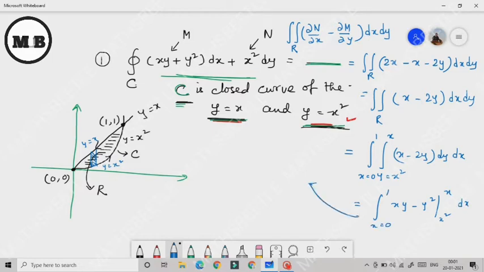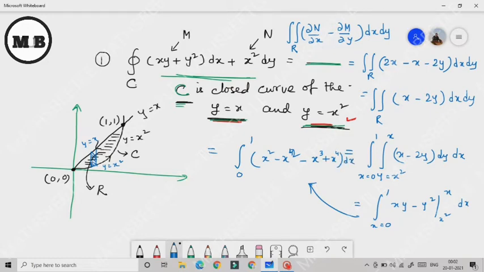I think you are going to get the integral from 0 to 1 of x square minus x cube plus x to the power 4 dx.